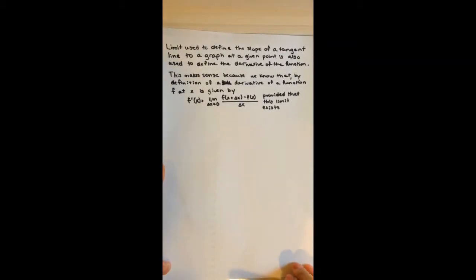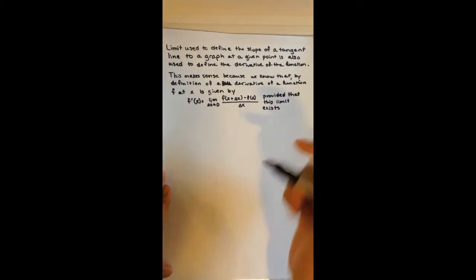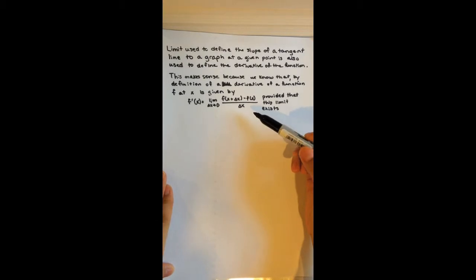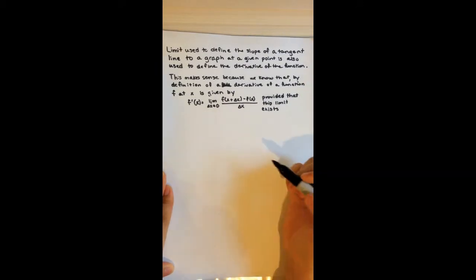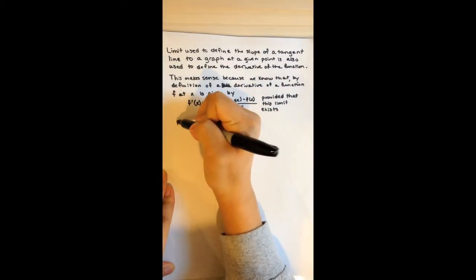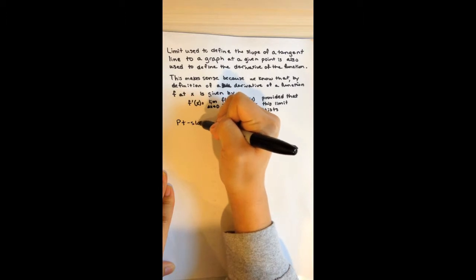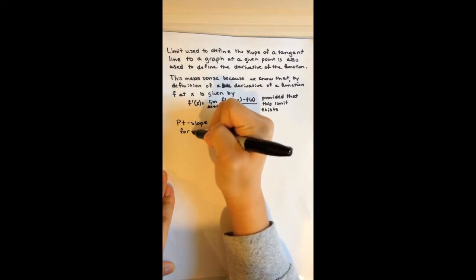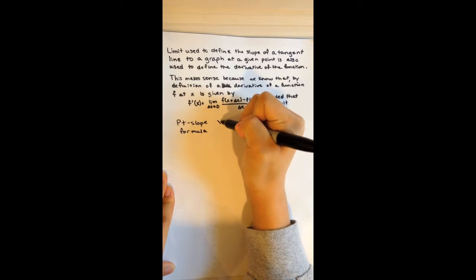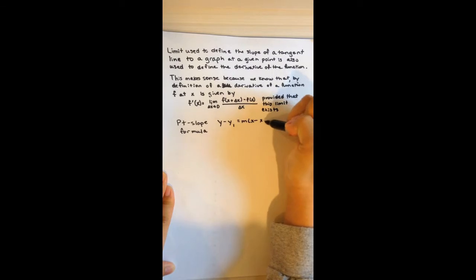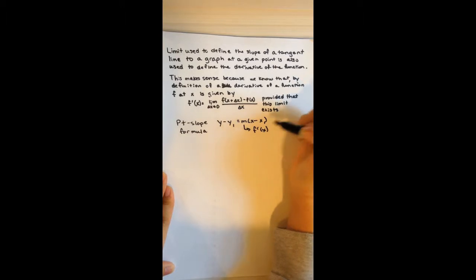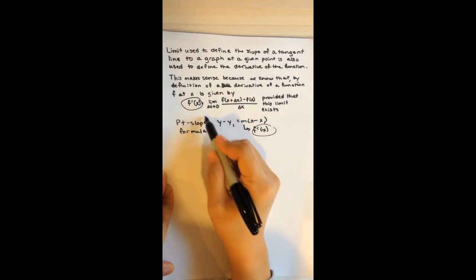So I just wrote down everything that I had said, and basically, because we now know this definition and have established this relationship to the slope of a tangent line, we can say that by using the point slope formula, which is y minus y1 equals m times x minus x1, this m, the slope, is going to be our derivative, right?